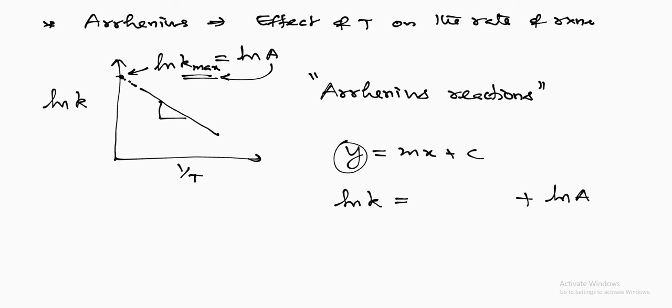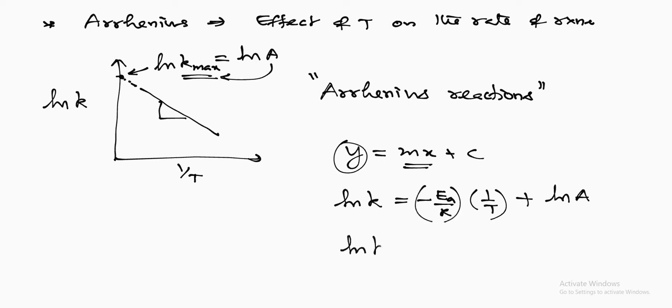Then in the place of x we should put 1 by T, and there should be some slope. He gave a symbol for that slope. Since it is a negative slope, this slope should be minus Ea by R. Why Ea by R, we'll discuss as we go along.